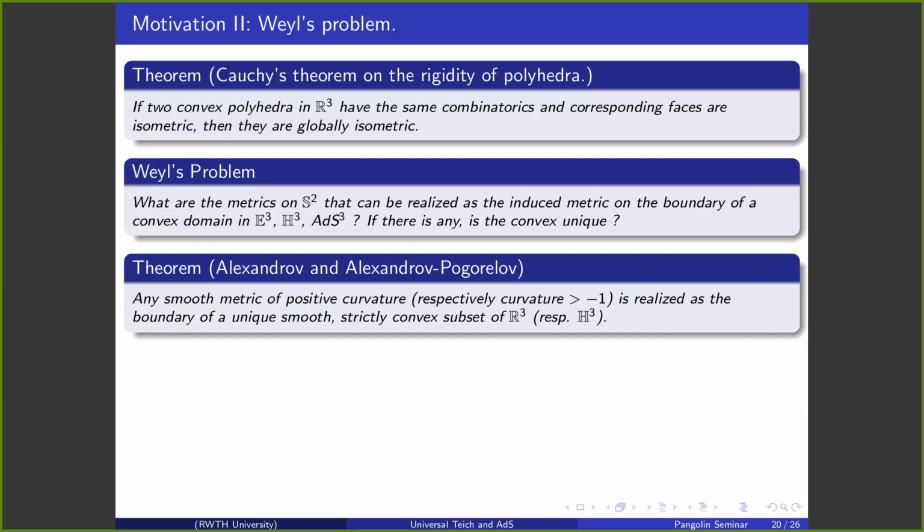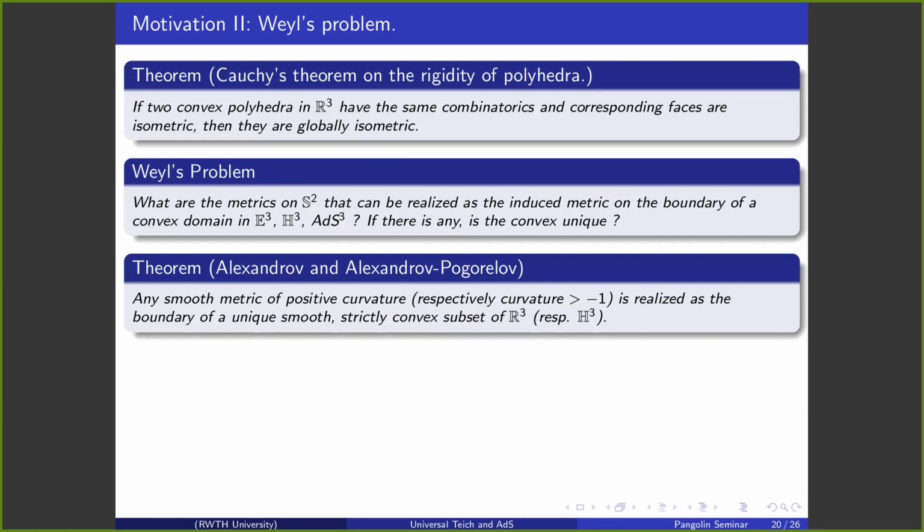And I believe there are also non-smooth versions of this result. So Cauchy's theorem is really a particular case of some version of this theorem of Alexandrov and Alexandrov-Pogorelov.